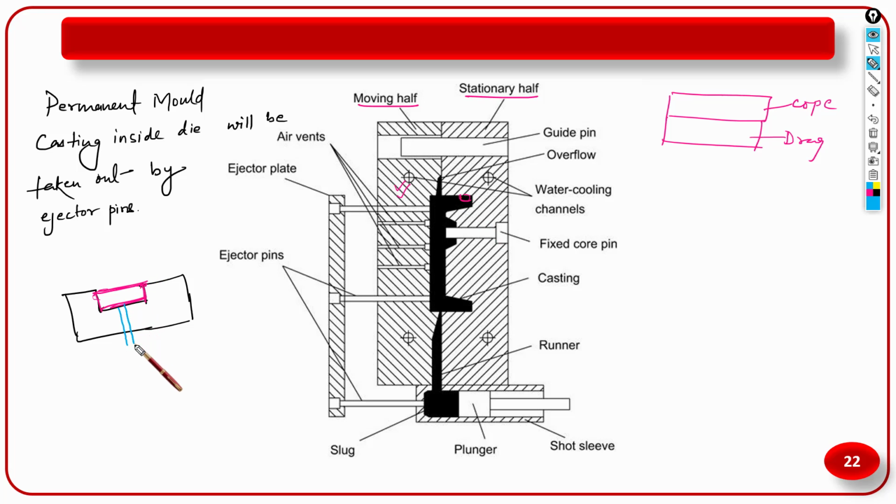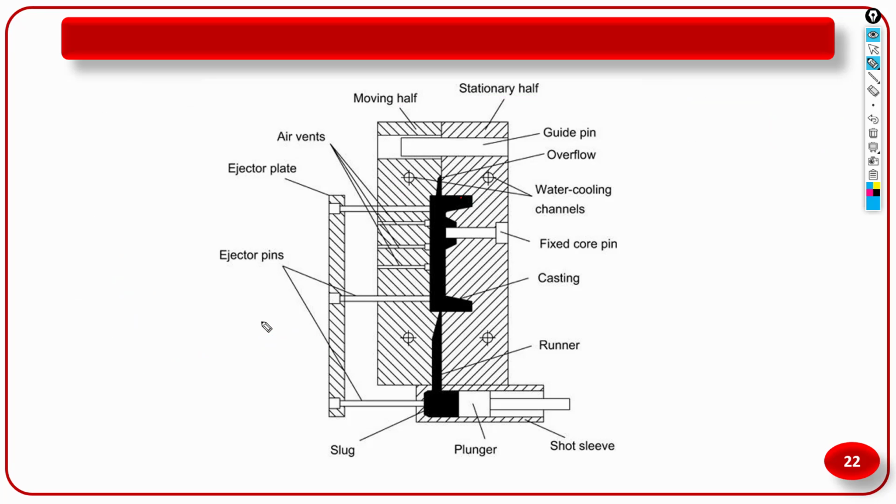This is the pin, and this pin is pushed. Once the casting is solidified, this pin will be pushed up, and the casting will come out easily. Clear? This is known as an ejector pin. This is the function of the ejector pin.